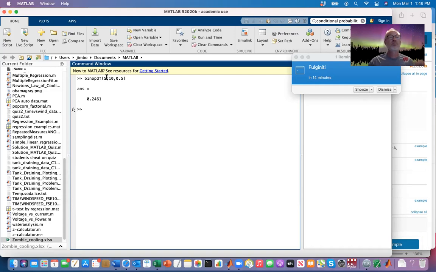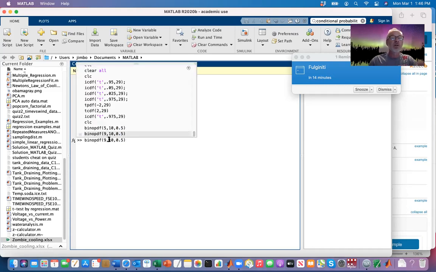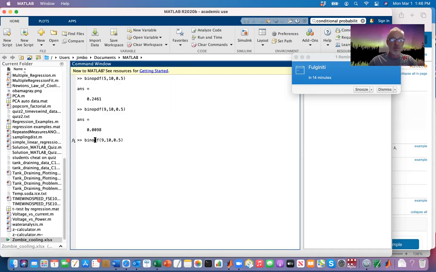Now, what's the probability of getting 9 heads out of 10, given a fair coin? Very low. It's about 1 in 100. So you can do the binomial PDF to get these specific probabilities. But if you want the cumulative probabilities, we would do binomial CDF. All I have to do is change that, right? And now I get the cumulative probability from 0 to 9.